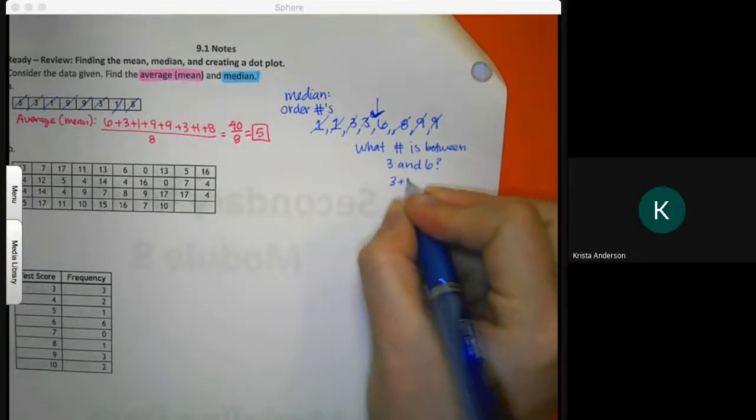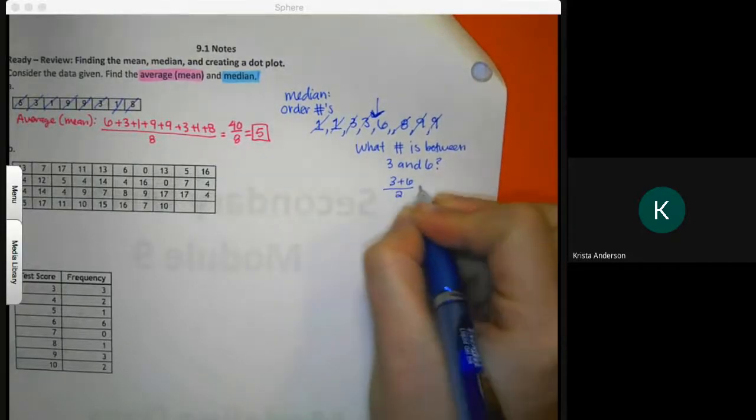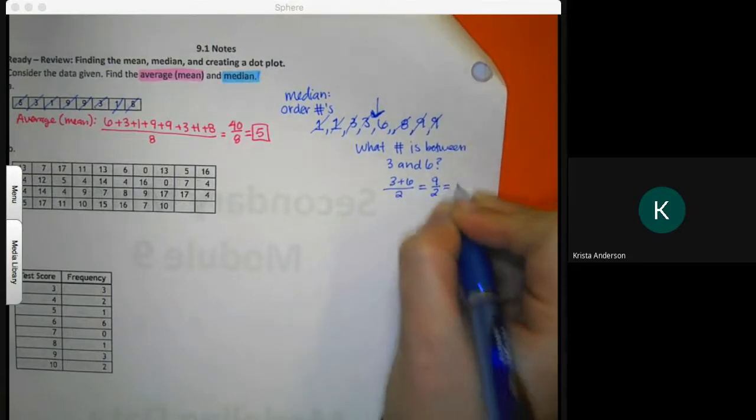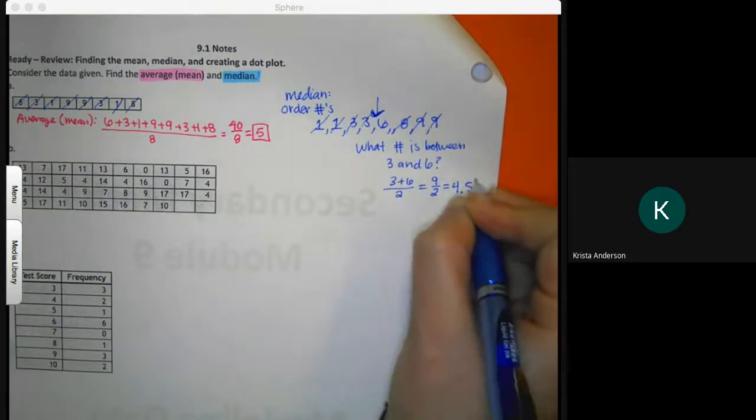What's 3 plus 6, cut in half? 4.5 is the median.